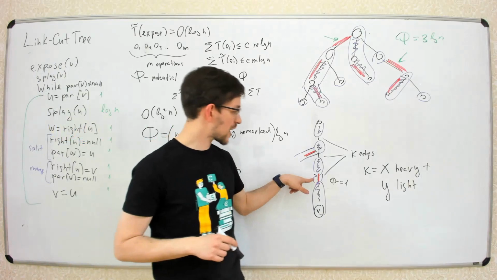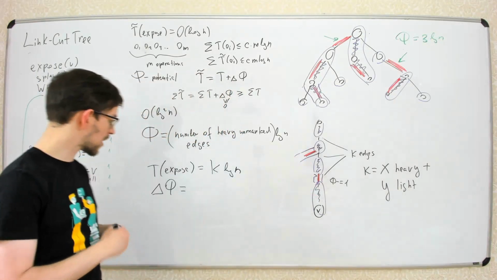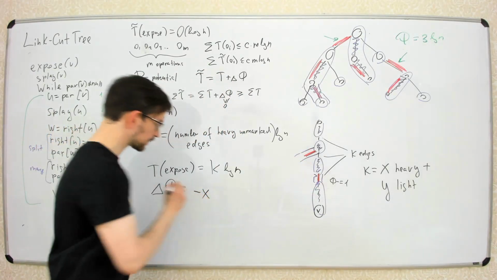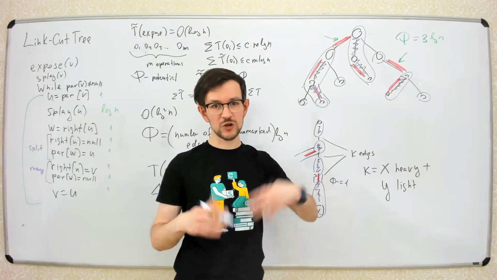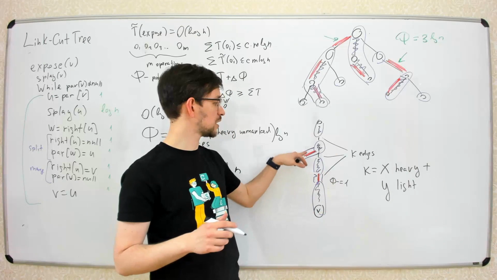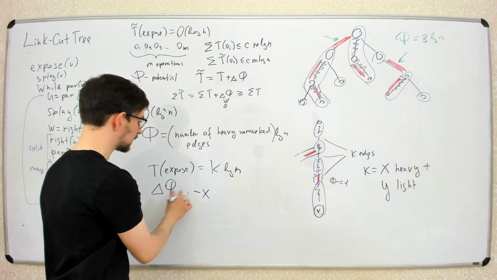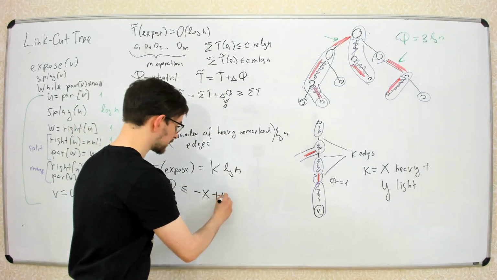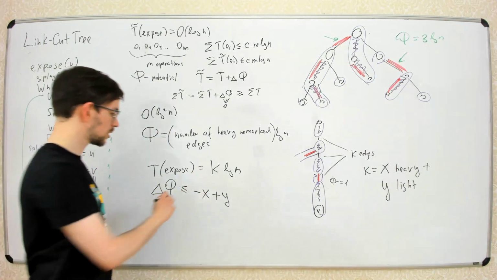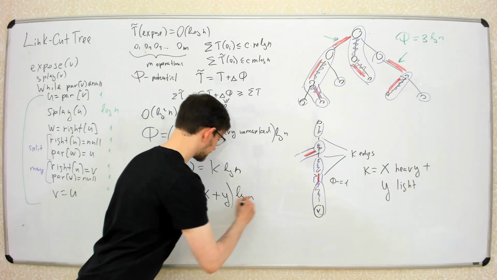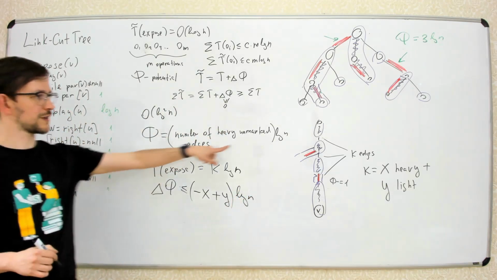When we have a heavy edge, we decrease the potential by 1, so it will be minus x. When we have a light edge, we may increase it by at most 1, so plus y. Each heavy edge decreases your potential, each light edge may increase your potential, by log n, because it's log n here.